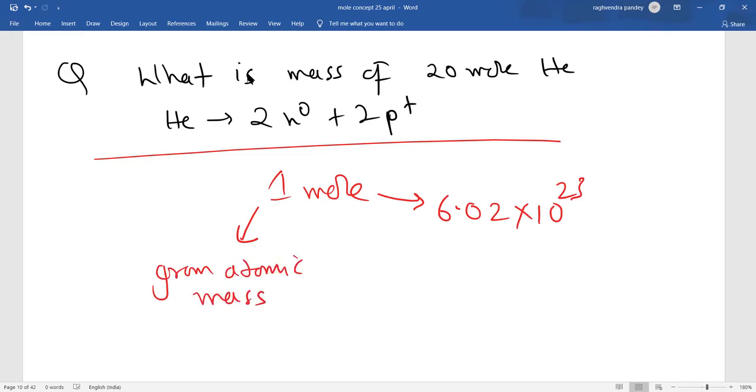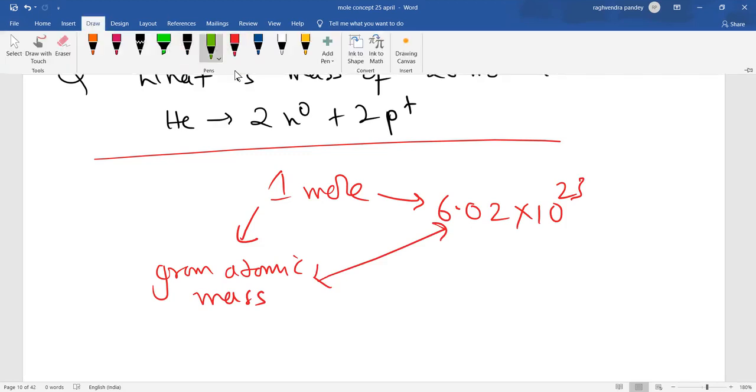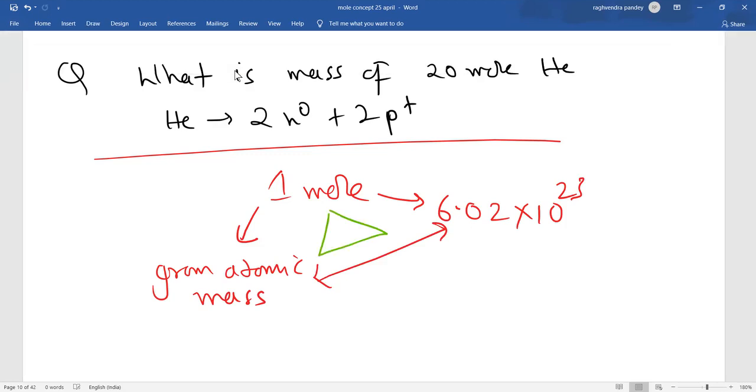For helium it will be 4 gram, 2 plus 2. And these two are also connected, so that is a triangle. The questions come out of this relation, because all these are related. They can ask you the number and atomic mass relation, the mole and mass relation. Got it?